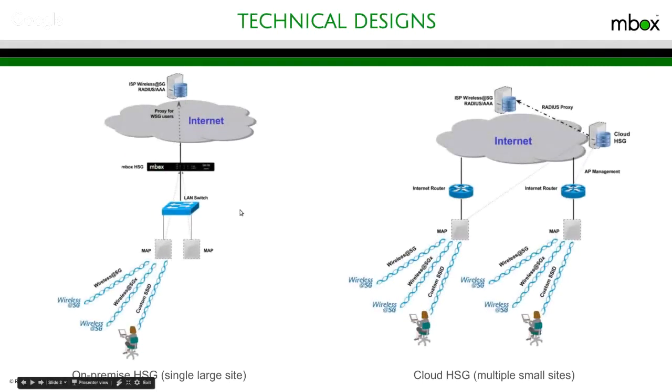On-premise, you have the HSG on-premise with the AP on-premise as well, broadcasting the Wi-Fi. The HSG will stream ads by working together with the cloud platform, mFusion. We can also support cloud-based deployment with APs at the remote branch and a central HSG to manage the APs.